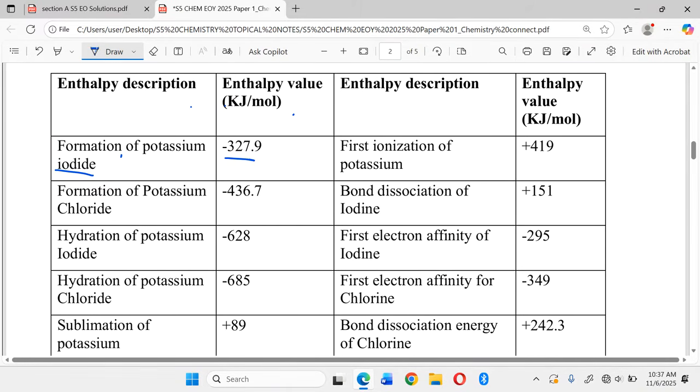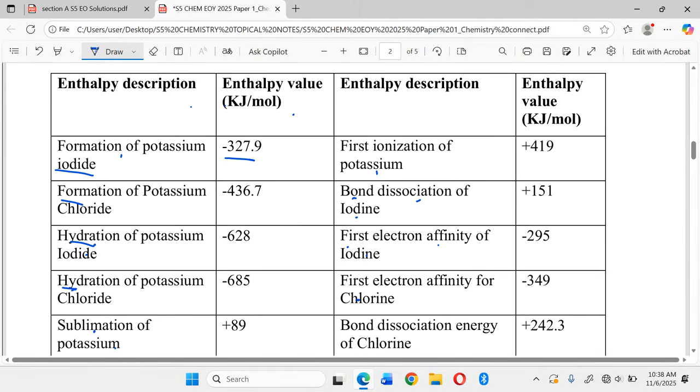That is its value, formation of potassium chloride with its value, hydration of potassium iodide, hydration of potassium chloride, sublimation of potassium. We have first ionization of potassium, bond dissociation of iodine, first electron affinity of iodine. We have first electron affinity of chlorine, and then we have bond dissociation energy of chlorine.